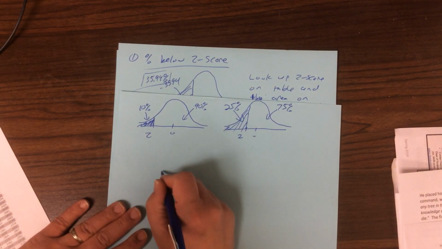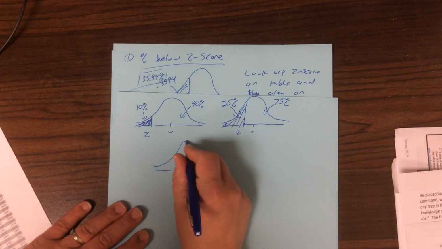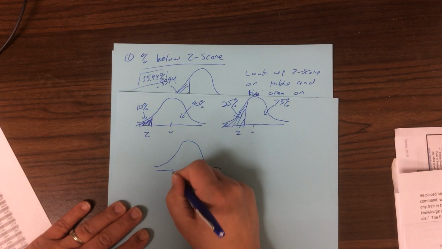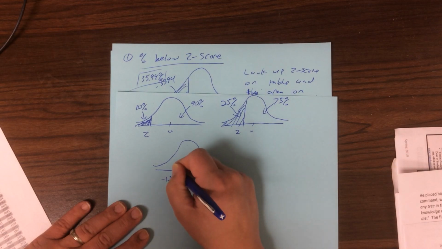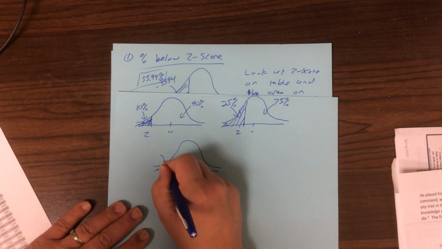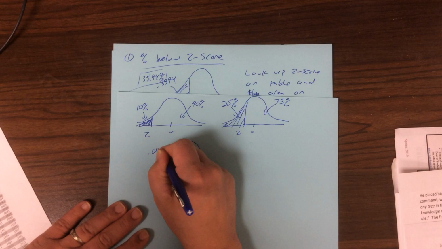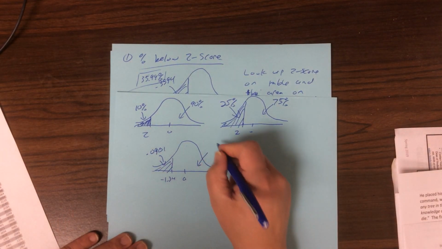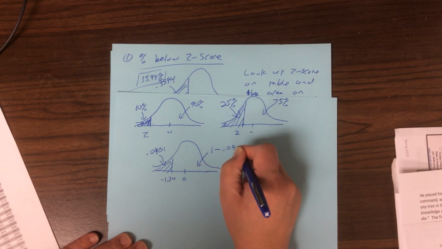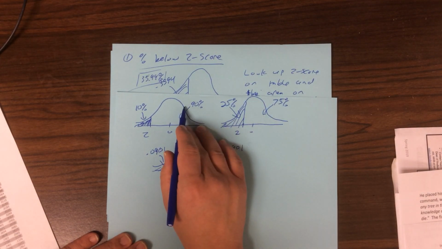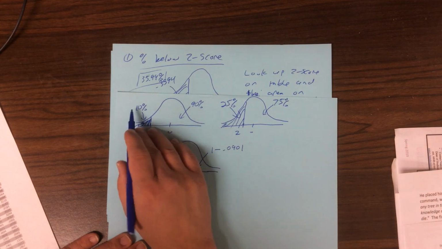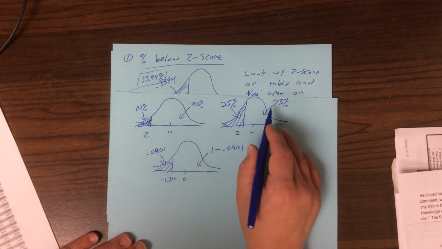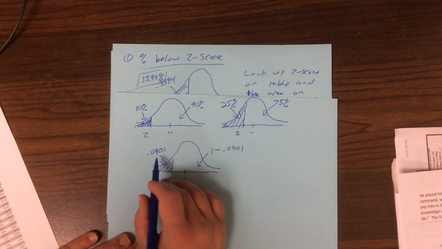So in a similar way, this negative 1.34 that we did, we found that this area was 0.0901. The area above is 1 minus this. It's kind of like taking 100% minus 10% is 90%, or 100% minus 25% is 75%.